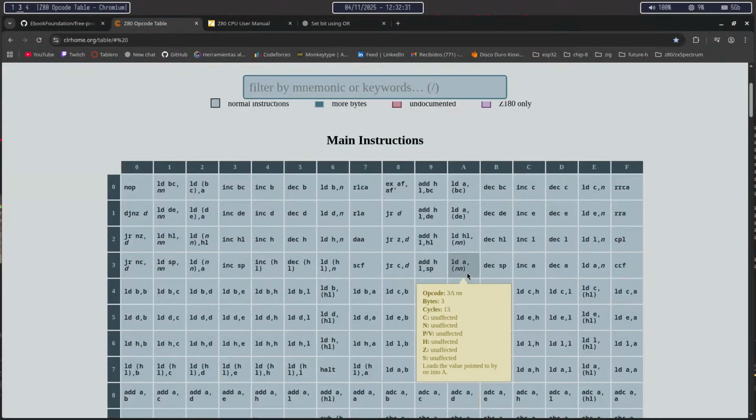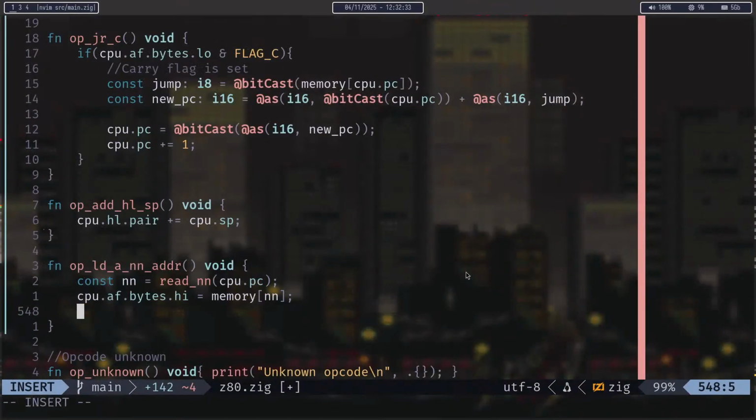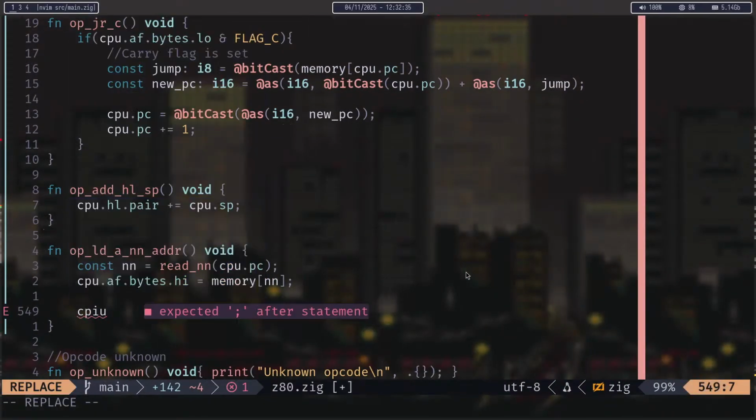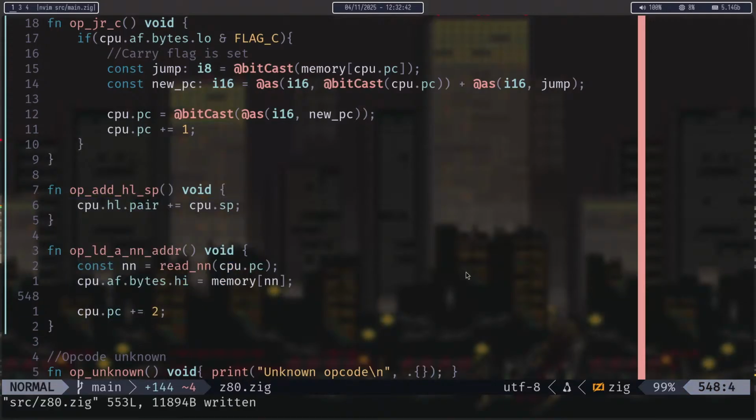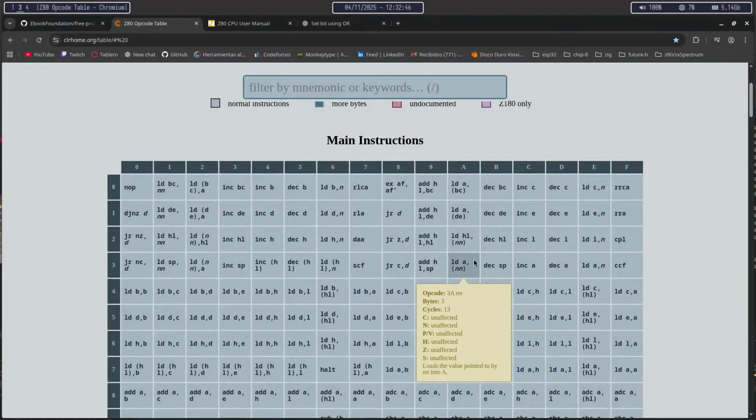Let me just check the bytes of this instruction. So I should do CPU.pc plus equals 2. Alright. Sounds good enough.